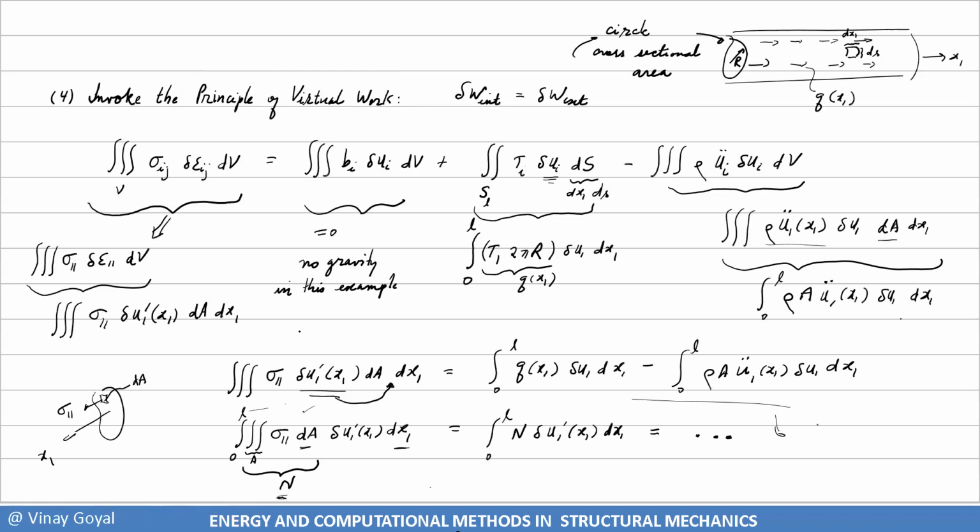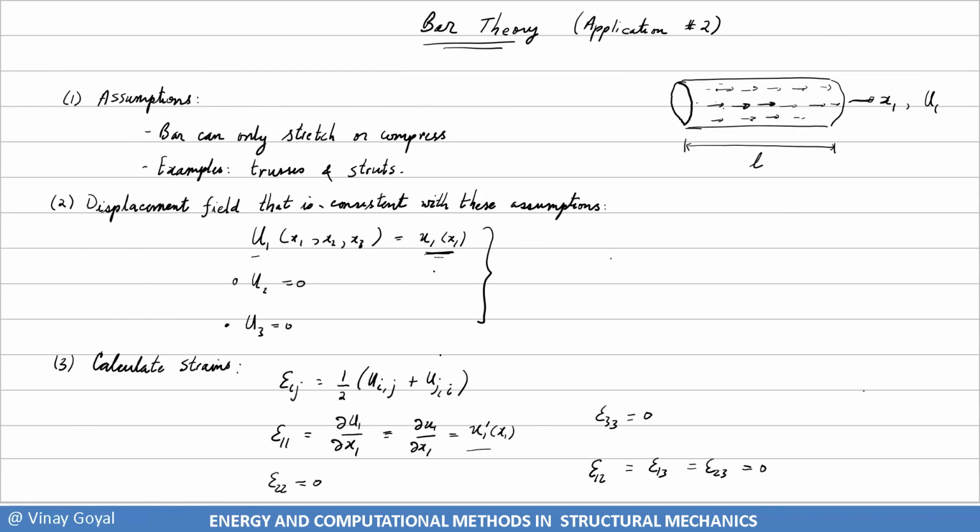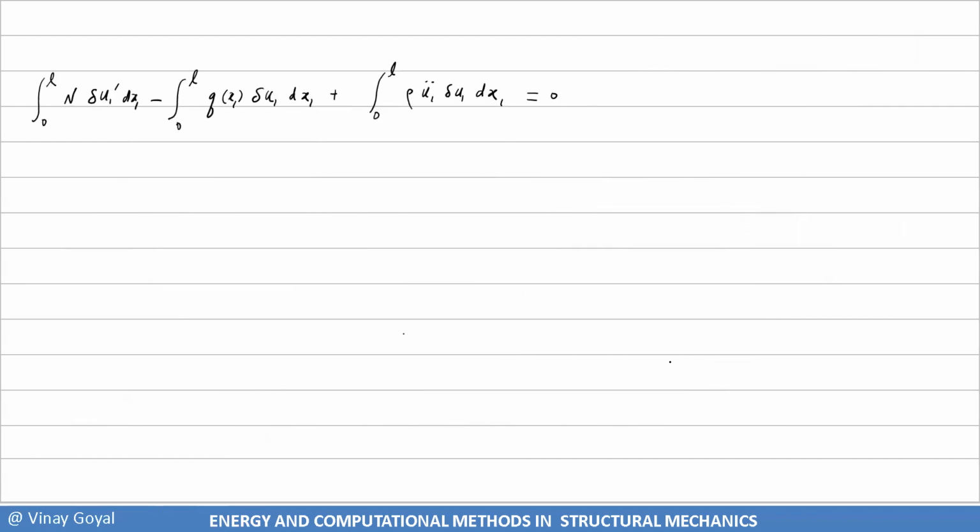And so now the next step is to integrate by parts. So that's N del u1 prime, pass the prime over. I get this plus minus, but because this is a one-dimensional problem, the integral is just endpoints. That's why there's no n here, there's no surface normal for that.